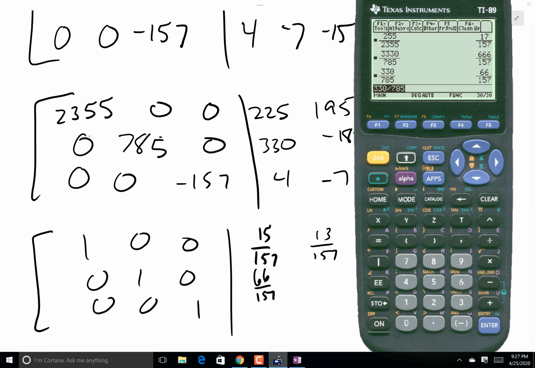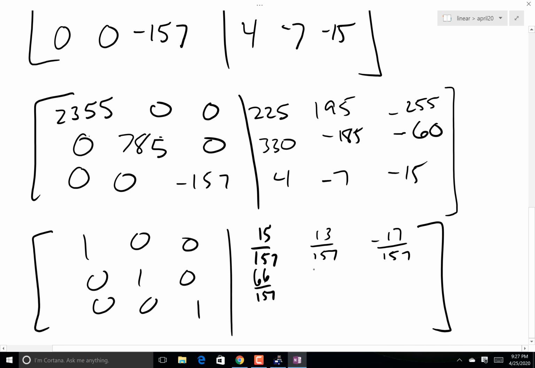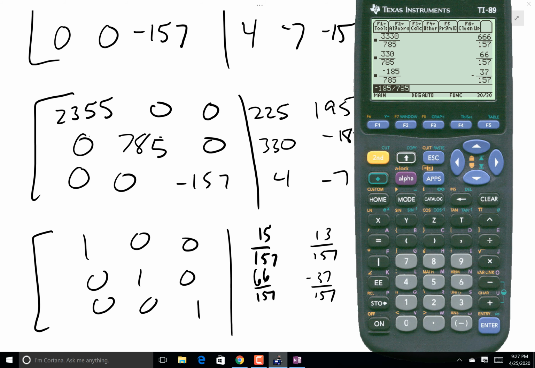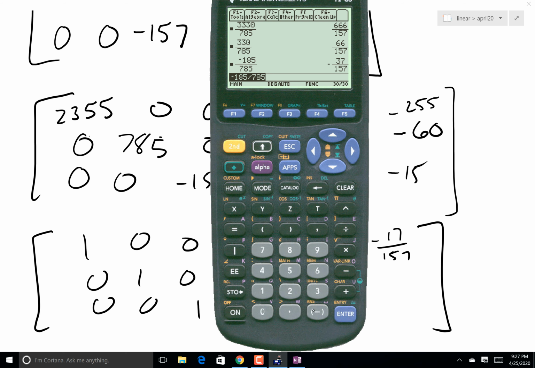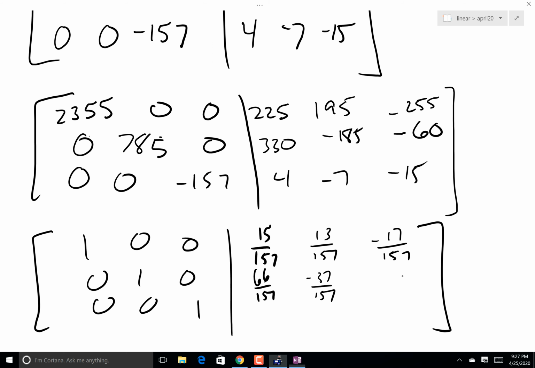And then negative 185 divided by 785 is negative 37 over 157. And negative 60 divided by 785 is negative 12 over 157. It's so weird. It's almost like 157 is a big deal here, friends.